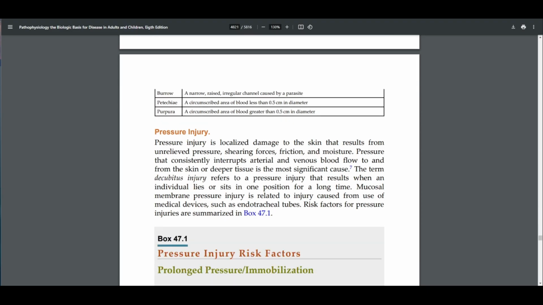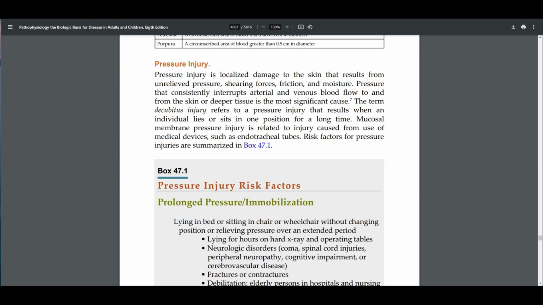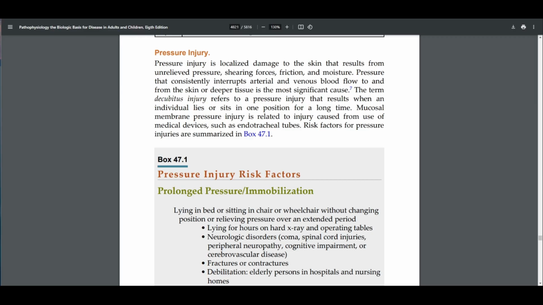So, pressure injury. Pressure injury is localized damage to the skin that results from unrelieved pressure, shearing forces, friction, and moisture. Pressure that consistently interrupts arterial and venous blood flow to and from the skin or deeper tissues is the most significant cause.